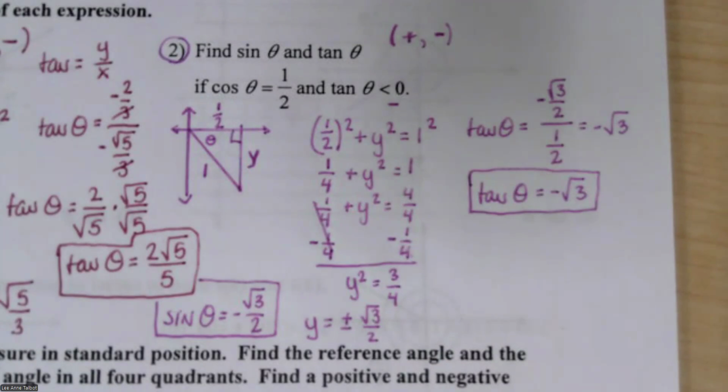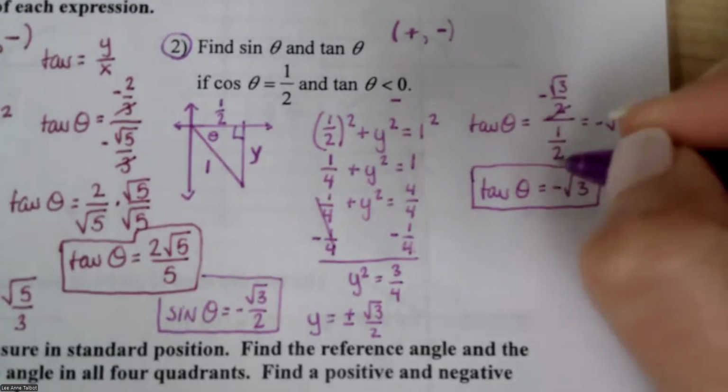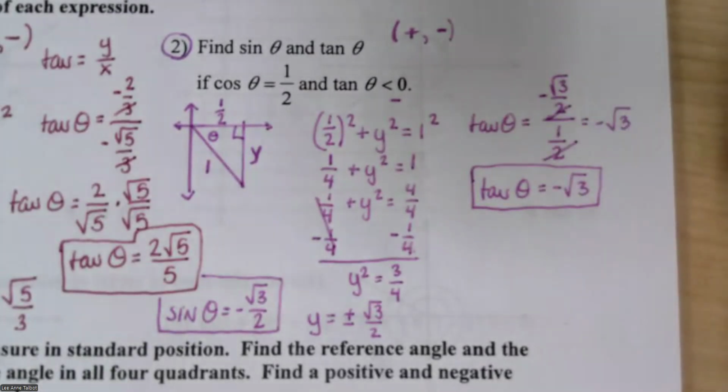You guys see where my negative root 3 came from? I canceled out the 2's and then the 1 just went away. So you can do this if you want. So it's negative root 3 over 1.